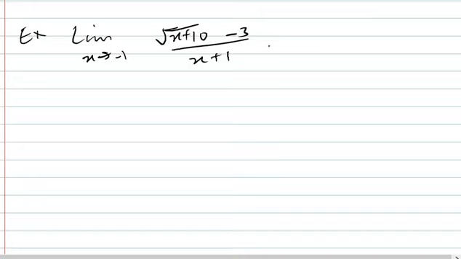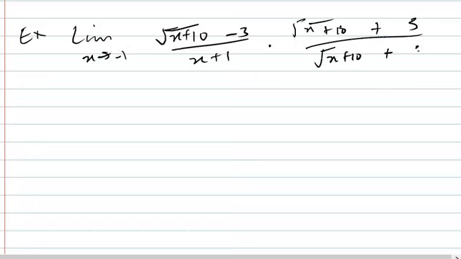So it's very easy. Just multiply by the conjugate of this, which is root of x plus 10, plus 3, for both the numerator and the denominator. Then you have to multiply them and find the factor that will go with x plus 1.